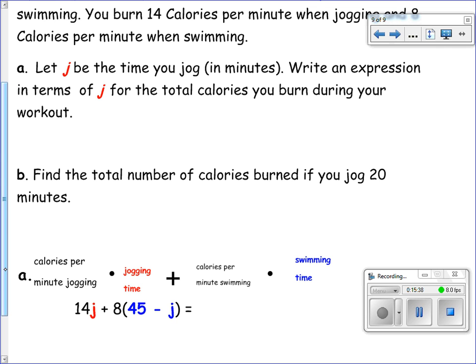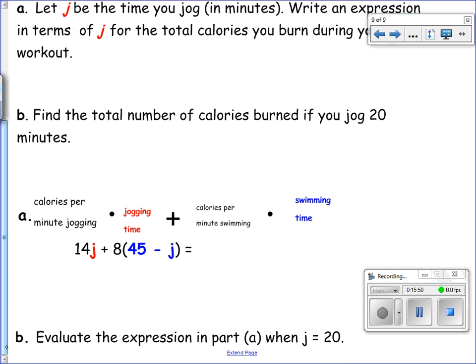Where the J is. But before we do this, let's simplify A using the distributive property first, and then just simplifying it. You cannot solve it, but let's simplify. So I'm going to have 14J plus 8 times 45 is 360.